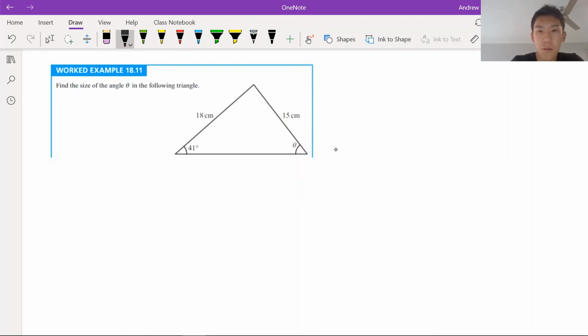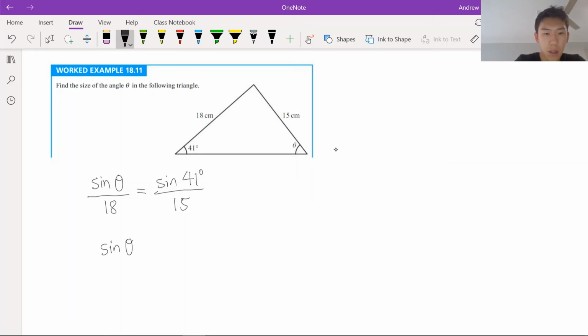Remember, since we're trying to find the angle here, so sine of an angle over the opposite side. All right, so sine theta over 18 will equal sine 41 opposite side over 15. Okay, and let's solve this one.